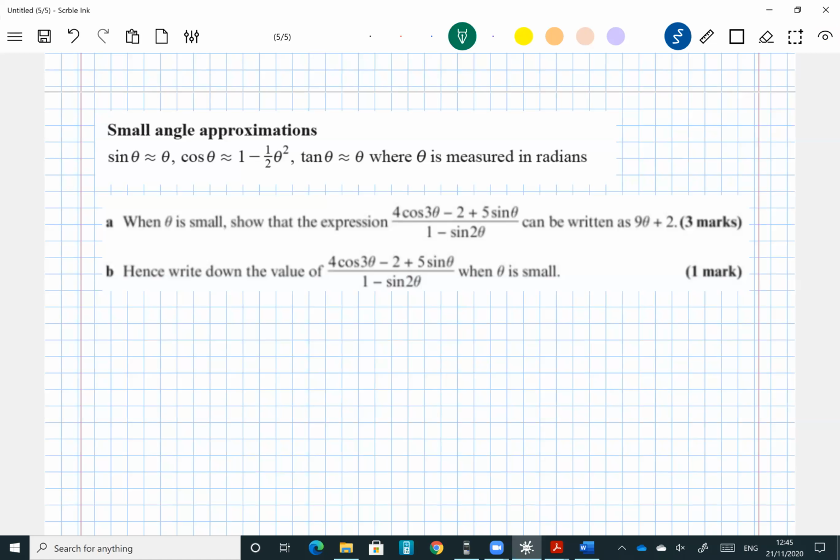So we've got 4, then cos of 3 theta becomes 1 minus a half of all of 3 theta squared, and this is where most students go wrong. They forget to square all of the angle. So key points, square all of the angle. 1 minus a half theta squared, in this case 3 theta squared, take 2, plus, and sine theta just approaches theta.